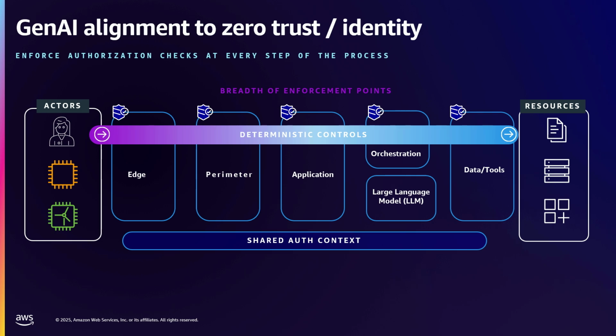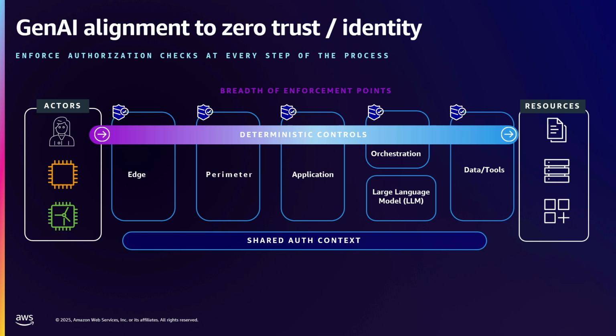So you're now adding identity into it, and the conceptual part here is that with zero trust, and you see this diagram here, which is similar to what Lily showed before. The one before was a generic version, so here's what we think zero trust is. This is kind of a GenAI specific implementation of it. So partly here, what we have is we have the edge perimeter application. We got the orchestration and the data tools, and all of these layers are in between your requester and somebody getting access to your valuables, which is all the way in the end of the line there.